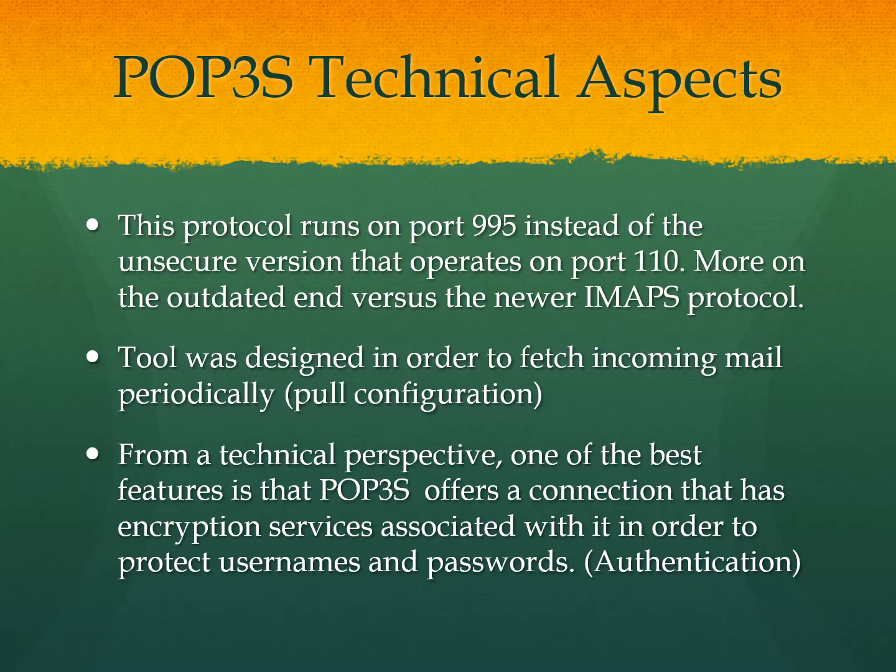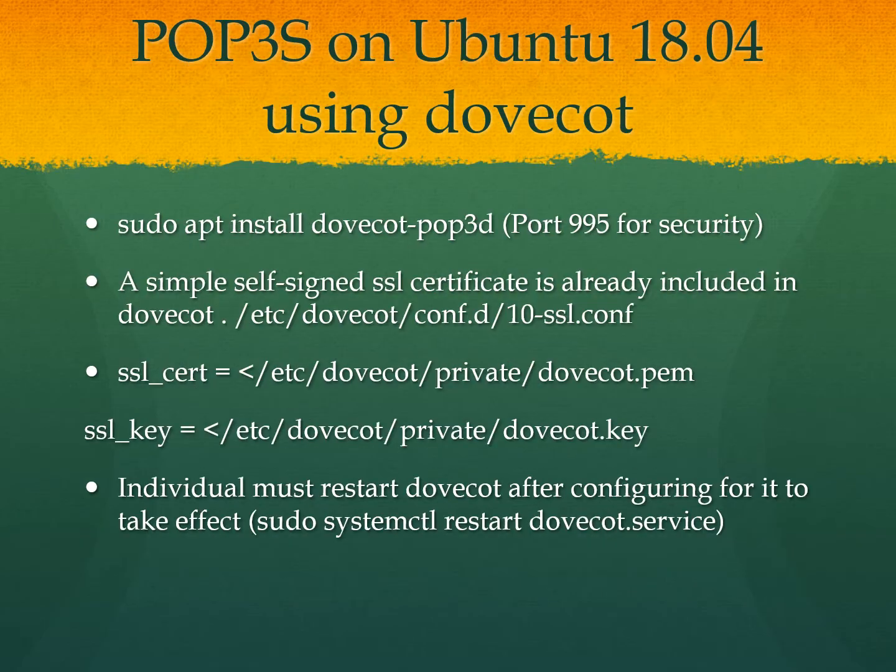So I look at it as like pull technology with your emails being sent to your phone. There's a push and there's also a pull. So this particular protocol is designed to only fetch every so often versus using a lot of energy over time and searching for mail.